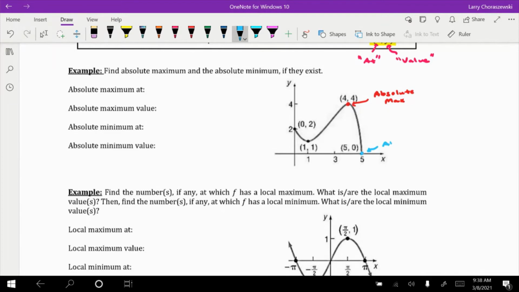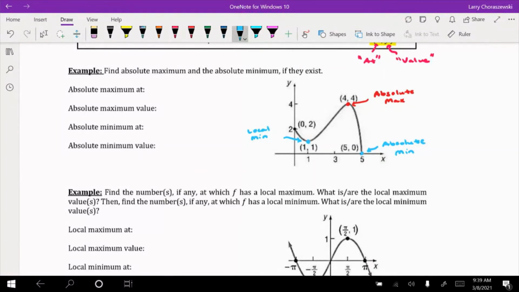That would be the absolute min, short for minimum. Now, there's another low point on this graph, (1, 1), but because this isn't the lowest point on the graph, we could not call (1, 1) an absolute minimum. The best we could classify that point would be as a local minimum, or local min for short.